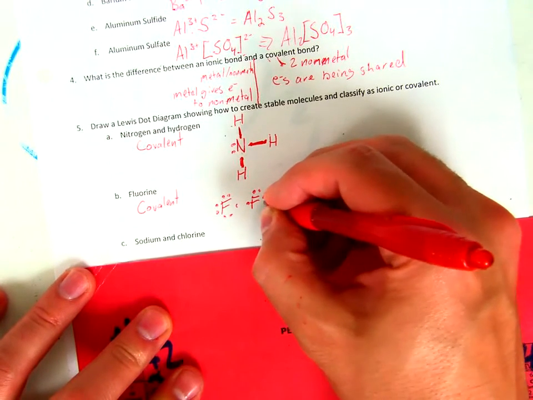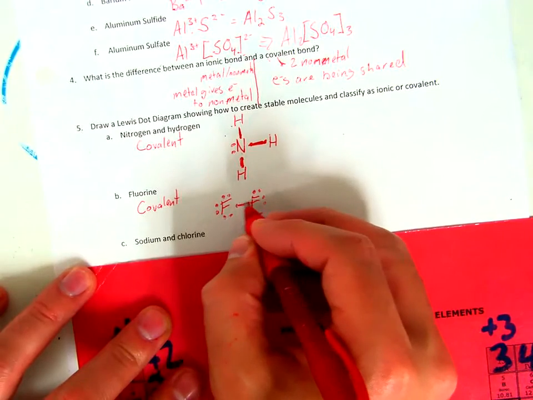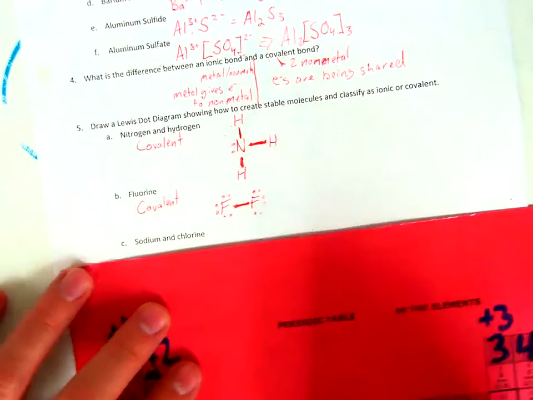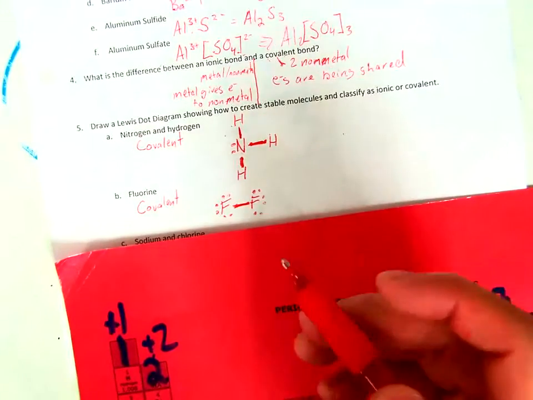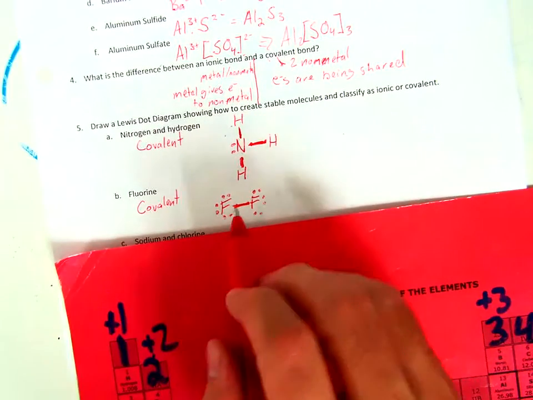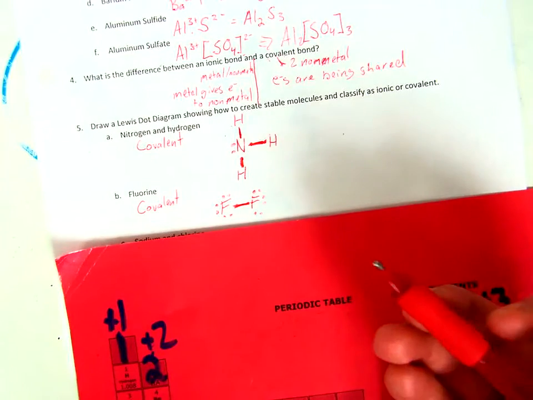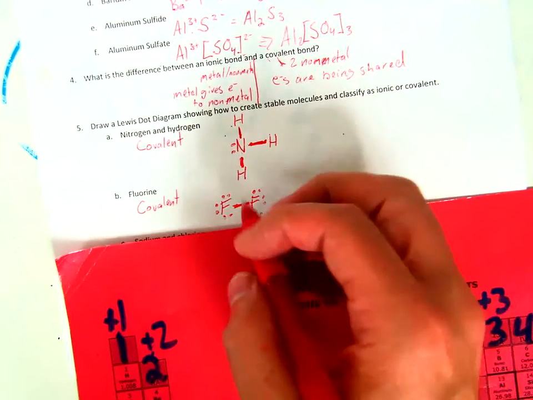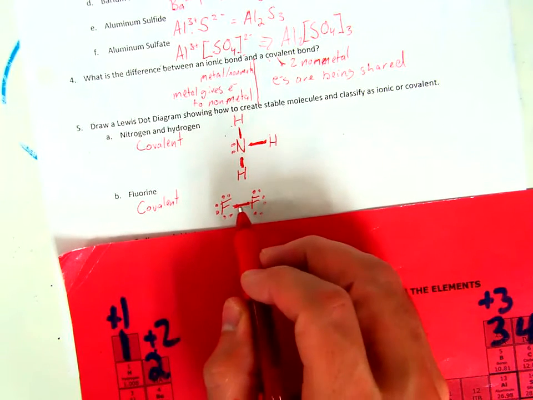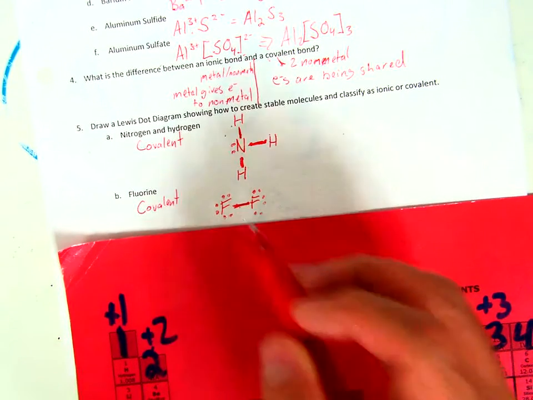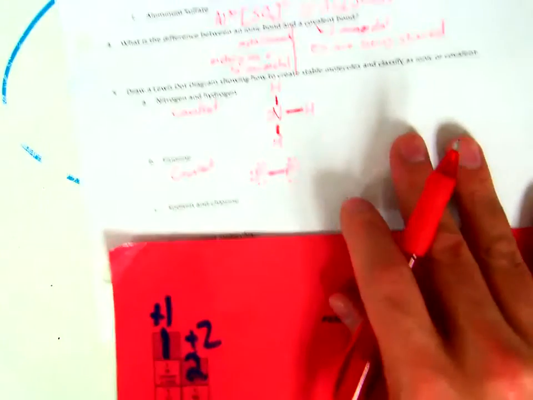You would not want to be in a room full of this fluorine gas, because it's going to react with like your skin and eyes and burn them off. It wouldn't be fun. So, just checking, we want to make sure that we have 8 valence electrons around everything, right? So 1, 2, 3, 4, 5, 6, and then these count as 2, so 7, 8. Same on the other side, we've got 8 around each.